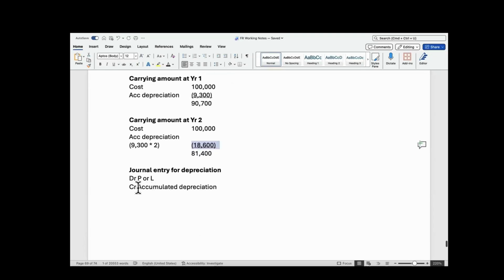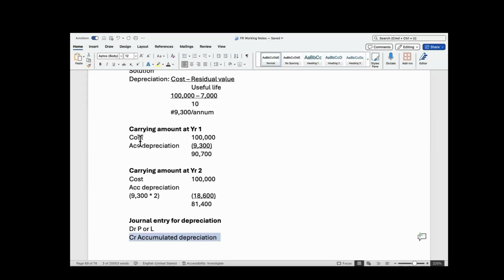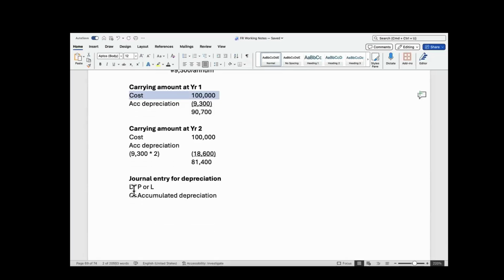A lot of people would have said you credit assets, and I'm happy Moses did not say that. If you said credit assets, then I'll say no, you don't credit depreciation to assets. What goes to assets is just the cost. Depreciation does not go to assets. So thankfully, he did not repeat that mistake. So this is how you'd usually recognize depreciation.